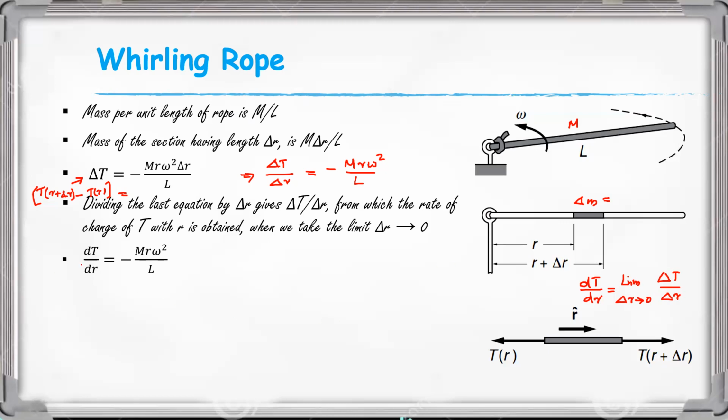So dT by dr is equal to minus m r omega square divided by L. This is the differential equation.